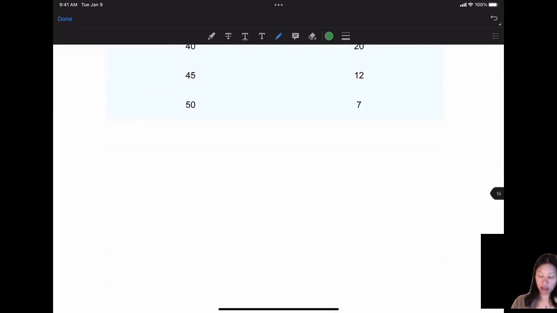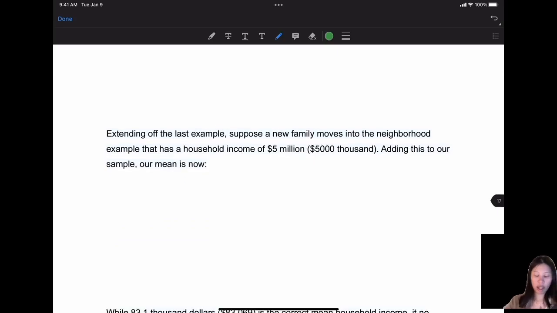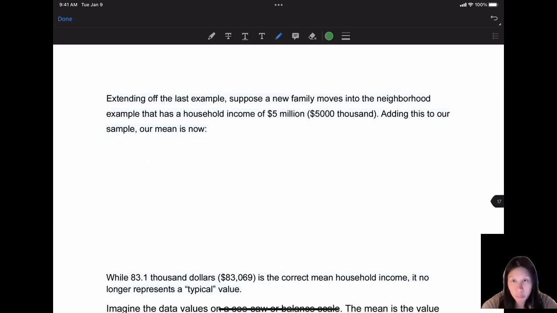Okay, so now look here. Extending the last example, suppose a new family moves into the neighborhood with a household income of 5 million. Wow, that's equivalent to 5,000 thousand. That's a lot. Adding to our sample, our mean now will change, right? From the previous calculation, we know that the total sum of the previous 100 families' incomes is 3,319.